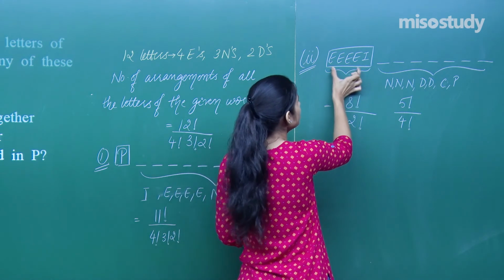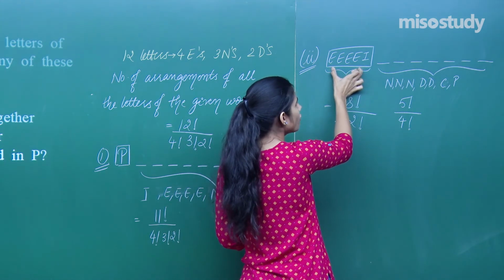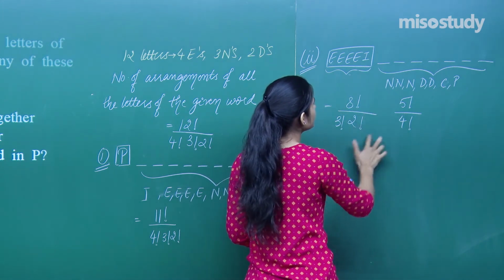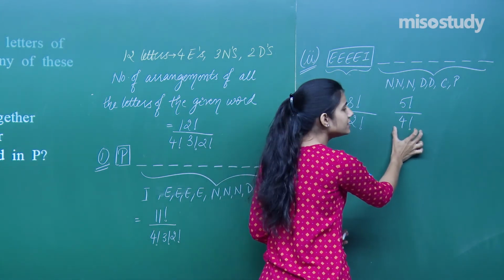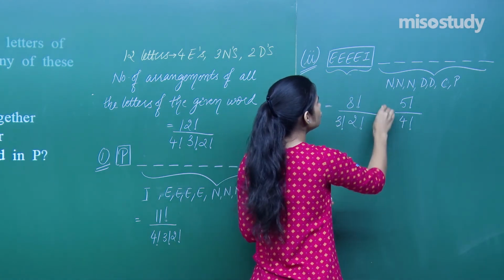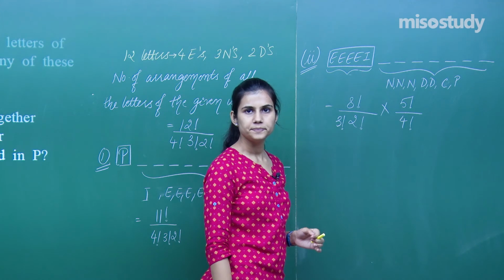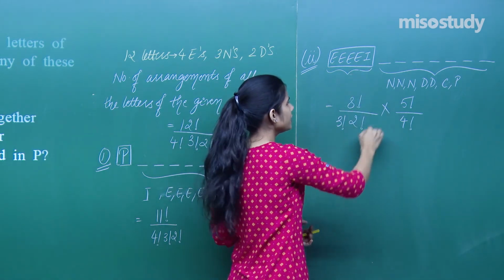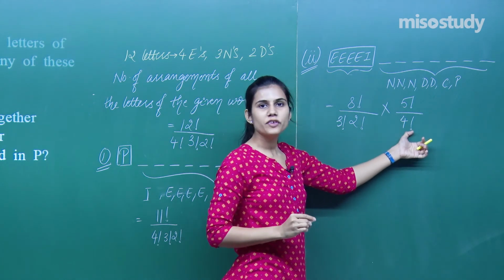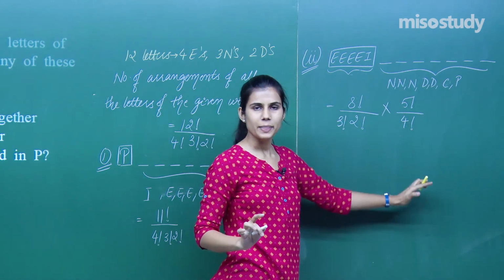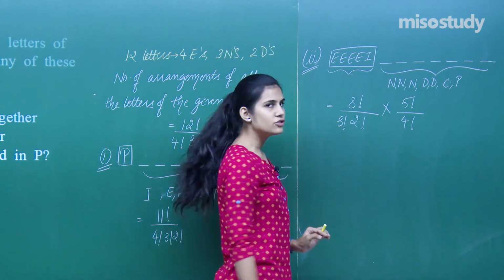So corresponding to each of the arrangement of these 5 vowels, out of which there are 4 E's and 1 I, I am getting these many words. In each way that you arrange these 5 vowels, you get these many words. There are these many ways of arranging these 5 vowels. So overall there are these many into these many words. That's your answer to the second question.